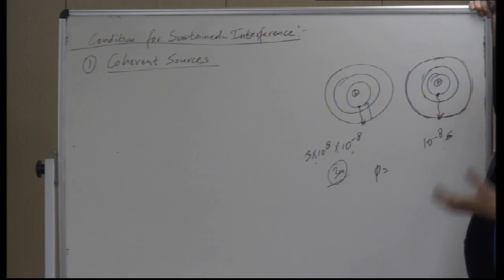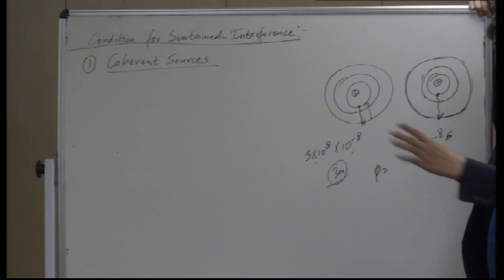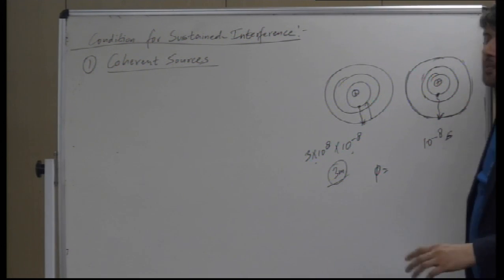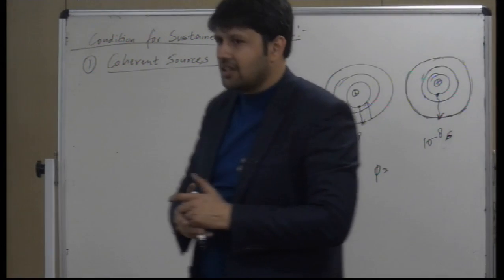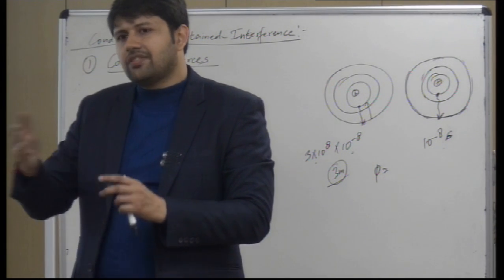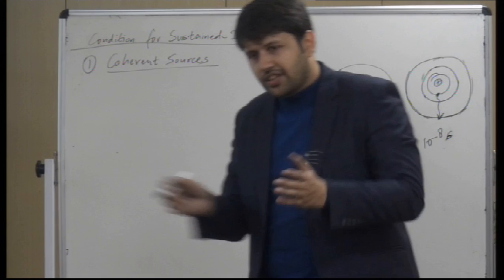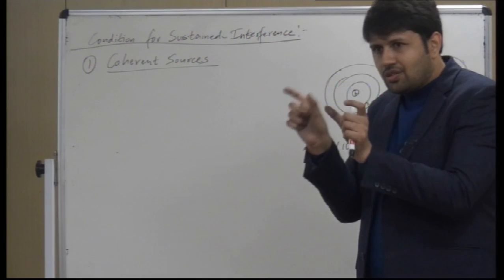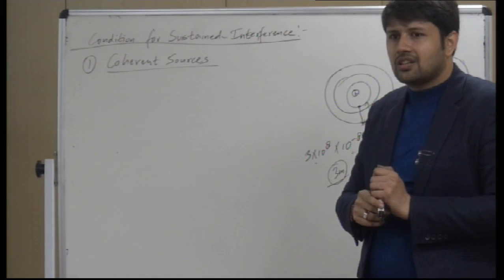To achieve sustained interference, how do we approach? We actually divide one source into 2, which means we divide the light coming from a single source into 2 portions. Why? Because if there is some problem in the original source, the same problem comes in both the sources. And when we are considering path difference, the common thing gets subtracted.